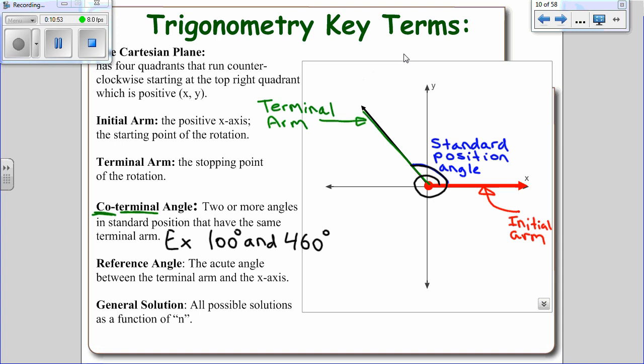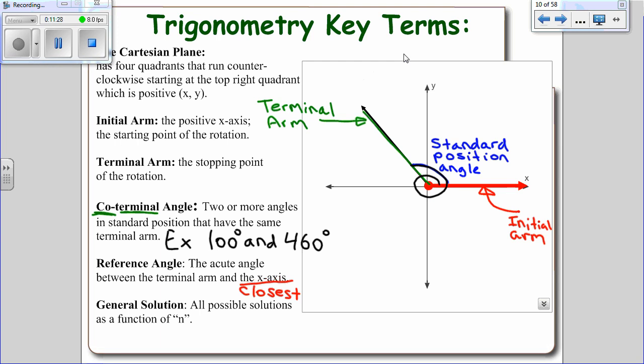Reference angle. This is the one that really screws everybody up. A reference angle is the angle between the terminal arm and the x-axis that's closest to it. So if you look at our example right now, the terminal arm and the closest x-axis would be right here.